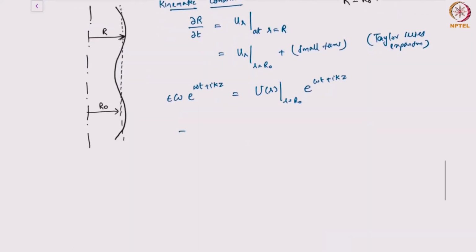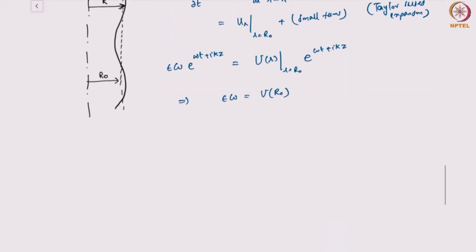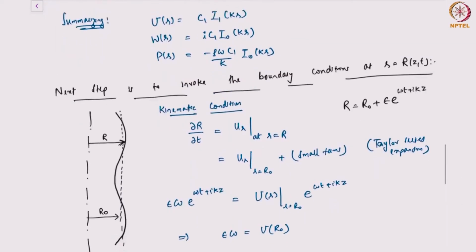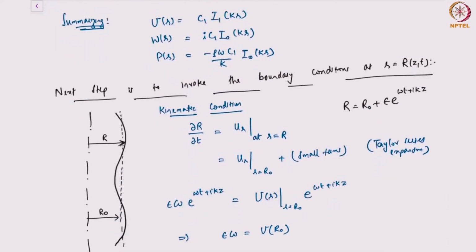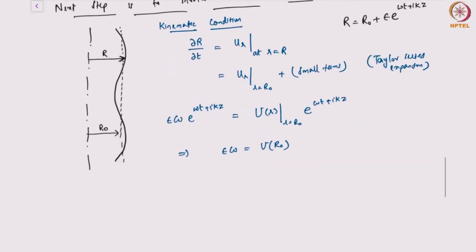And therefore I simply get epsilon times omega is capital U at r naught. And what is the capital U of r naught? We already got the expression for capital U, which is C1 I1 times kr. So epsilon times omega will be C1 I1 of k r naught.